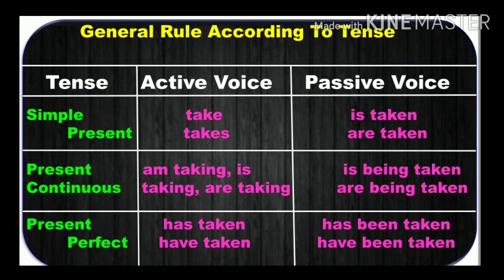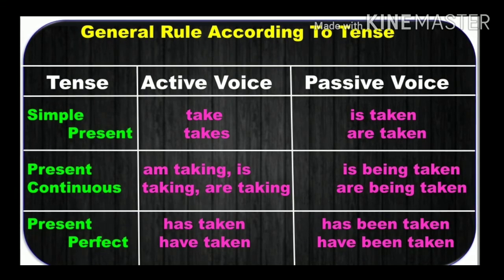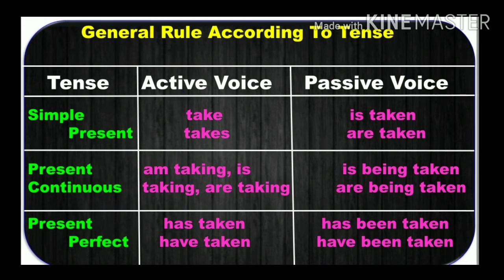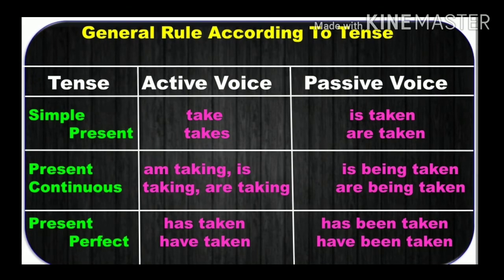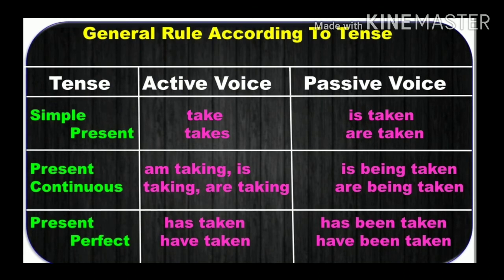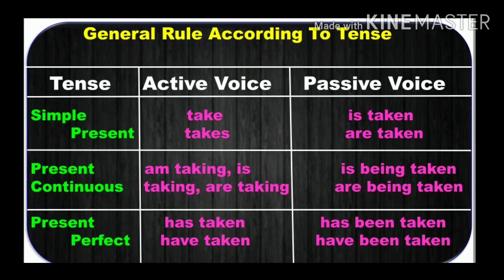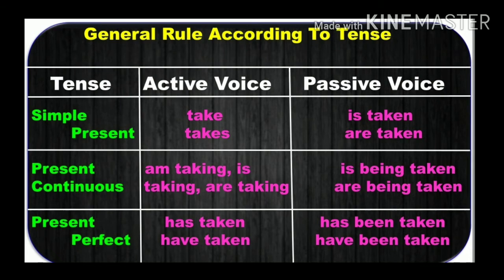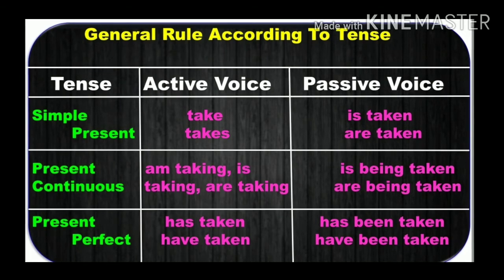Look at the example. Take or takes is the base form of verb. So when we are changing into passive, we use the auxiliary verb is or are plus the third form of verb of take, that is taken. Okay?